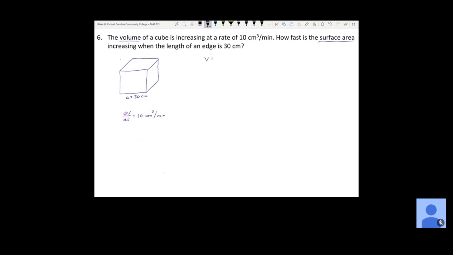So we called our edge length A. So how could we represent volume in terms of A here? A to the third, because it's just going to be A times A times A. So A cubed. Perfect. Now, what could we do with that volume formula at this point?